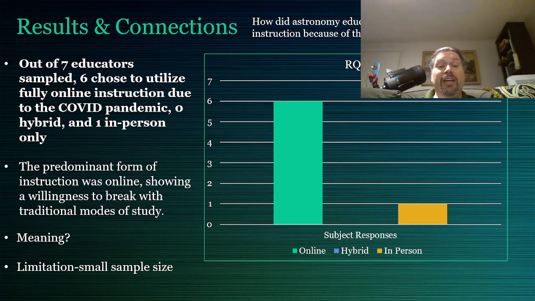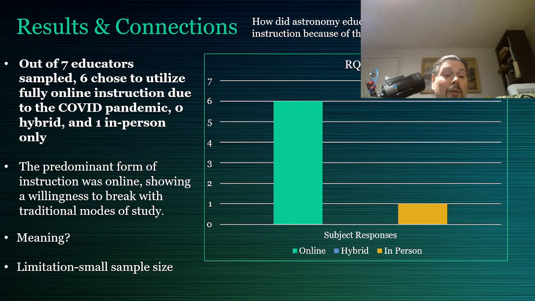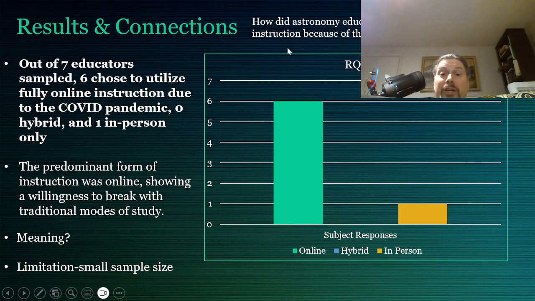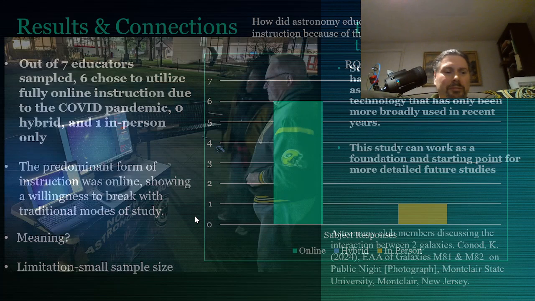Maybe this is again something for a future study with EAA. Would this work in a higher ed environment? Would this work in a K through 12 environment? But the big limitation of this part is the small sample size for this particular sampling.